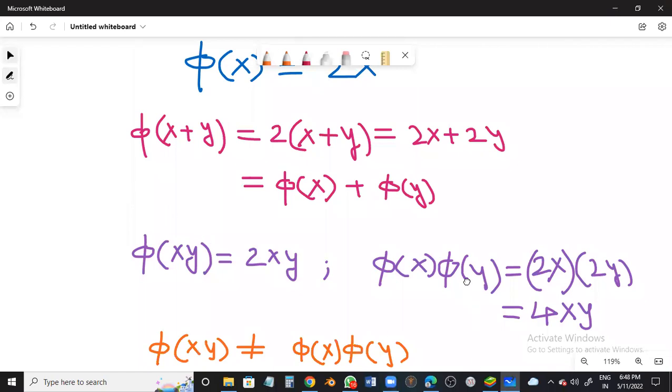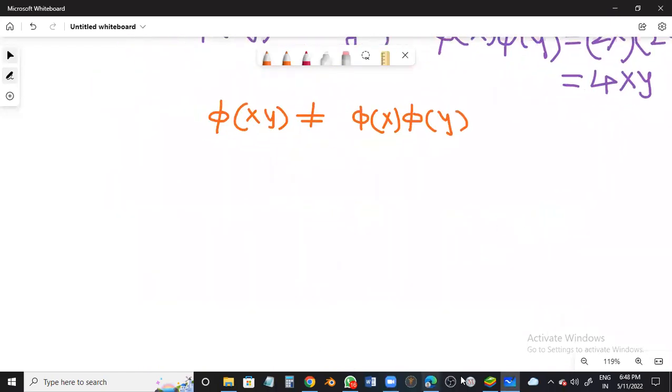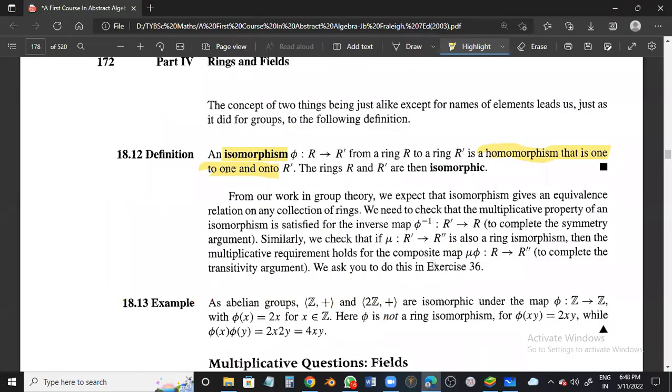Now whether phi is an isomorphism or not, I have to check for 1-1 and ontoness. Actually, it is not itself a homomorphism, so it cannot be an isomorphism. I mean Z plus dot will not be isomorphic to 2Z plus dot.